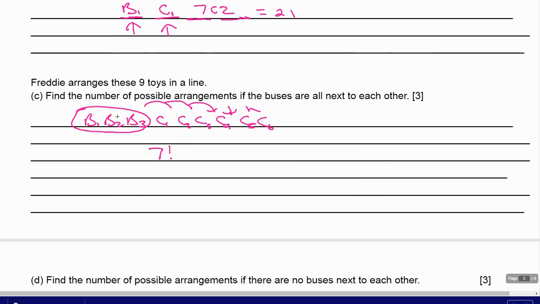There's 7 factorial ways that these 3 buses in this order can be arranged. So then the other thing I can consider is how many different ways can my buses be arranged? How many buses are there? So how many ways can my 3 buses be arranged?